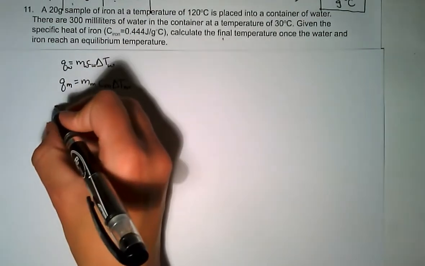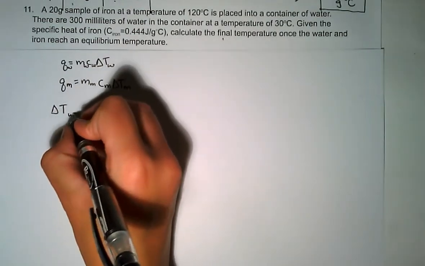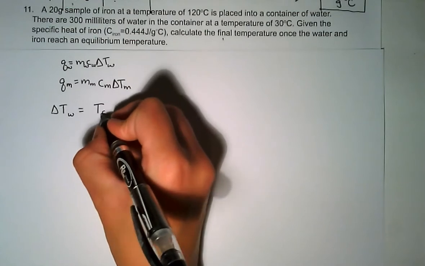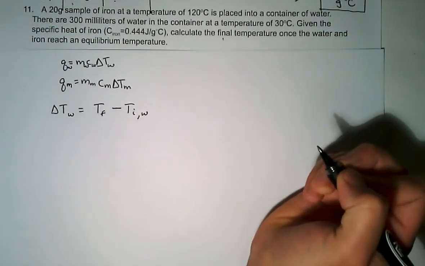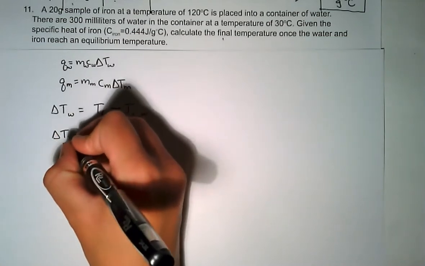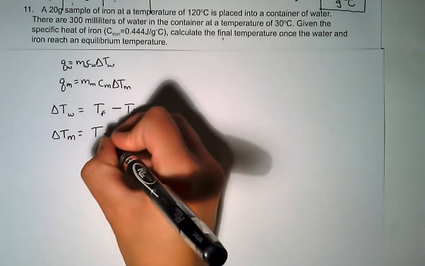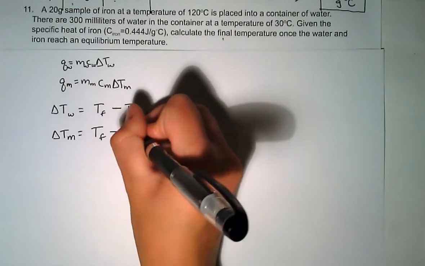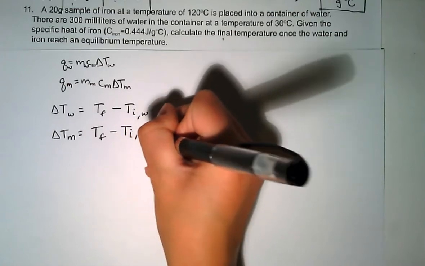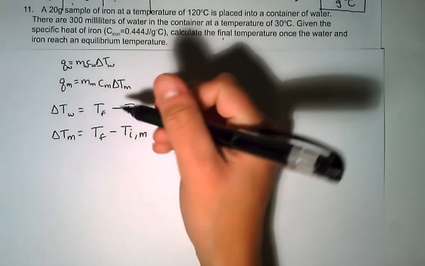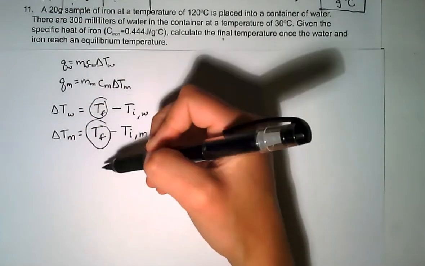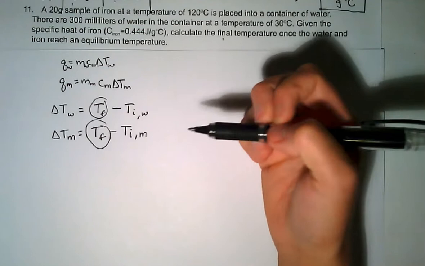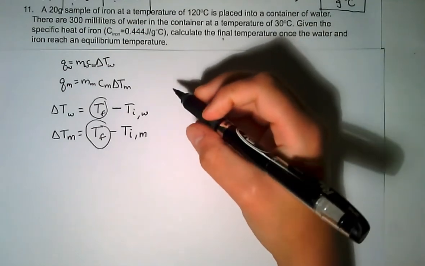So the delta T of our water is going to be the final temperature minus the initial temperature of the water. And the delta T of our metal is going to be the same final temperature minus the initial temperature of the metal. So in order to solve for this final temperature, we're going to have this variable on both sides of our equation. And let me just show you how this looks when we set it up.